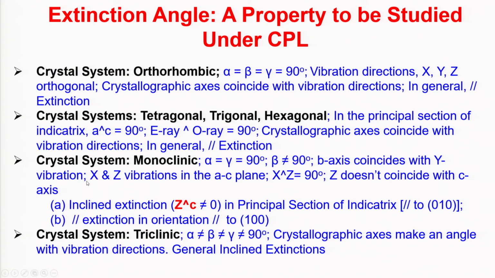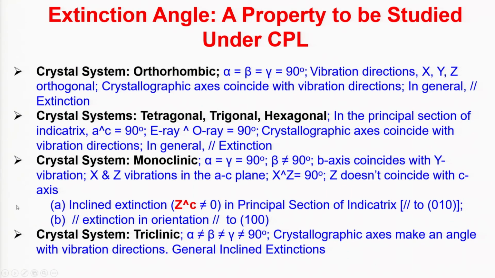In case of monoclinic crystal system, alpha is equal to gamma is equal to 90 degree, but beta, that is the angle between A and C crystallographic axis, is not 90 degree. Here B axis coincides with the y vibration direction, and x and z vibrations lie in the AC plane. In that plane, x angle z is 90 degree, but A angle C is not 90 degree. So, what happens? Z does not coincide with the C crystallographic axis.